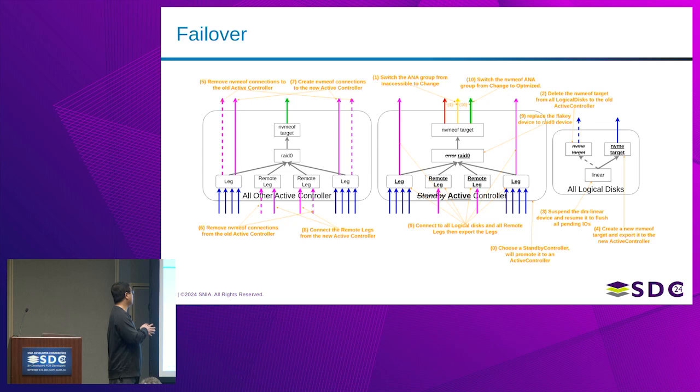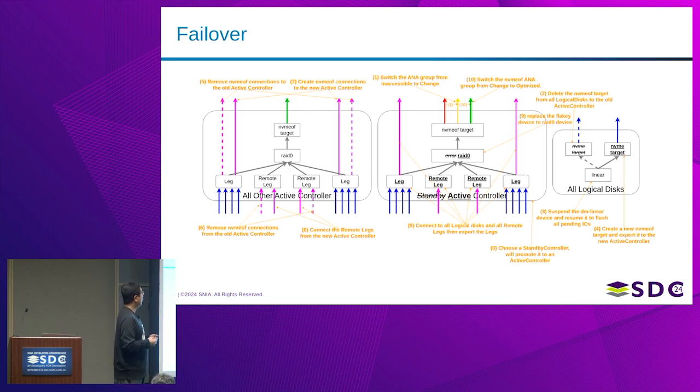First, we change its state from inaccessible to change, and then run lots of actions to promote the standby controller to the active controller. We just let it connect to the legs and also connect to the remote legs and build the RAID 0 device. When it's ready, we will change the ANA group state from change to optimized. Then it is fully available.